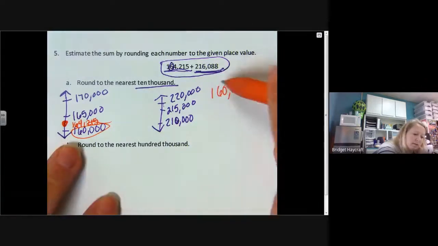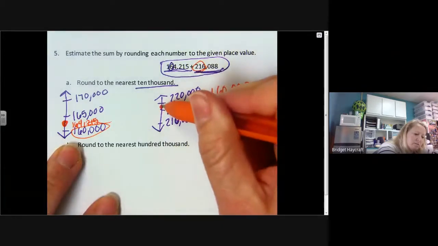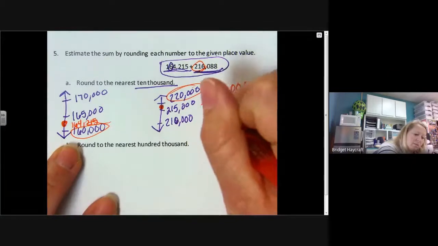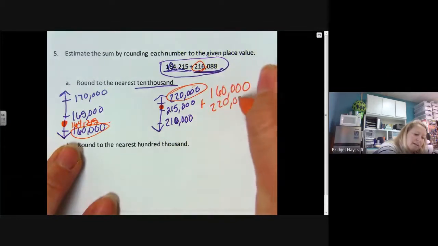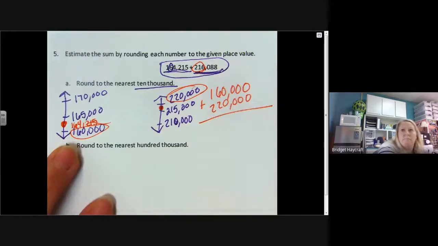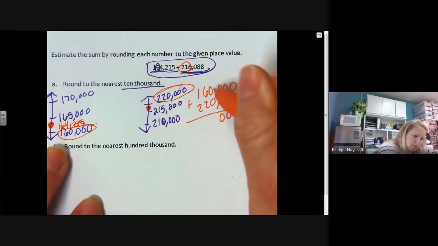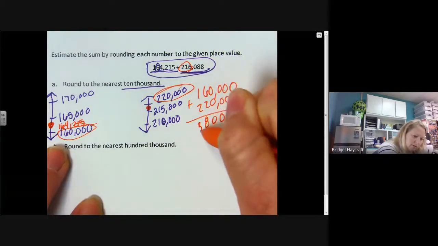Putting it correctly, 216 is above 215, so it's greater, so it should round up to that. So when I add, I'm going to be adding these two digits together. 0, 0, 0, 0, 8, 3.